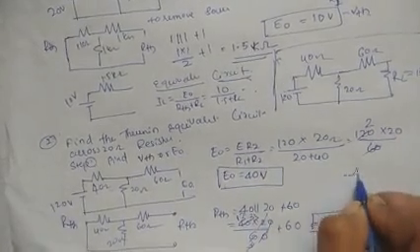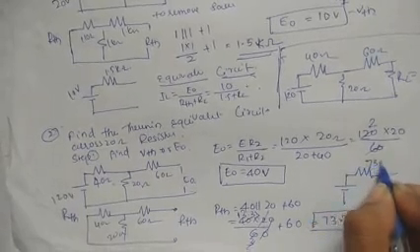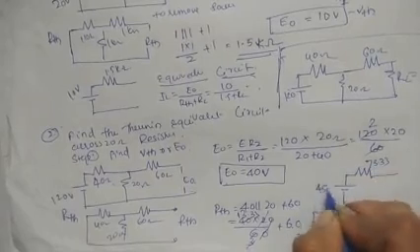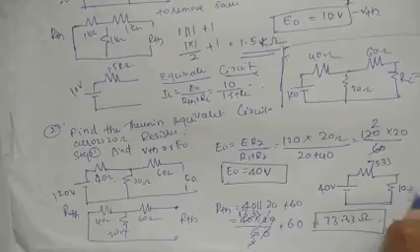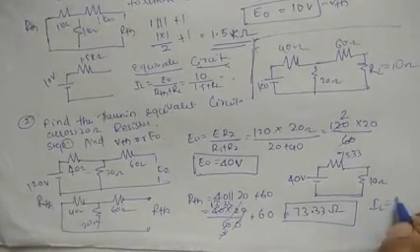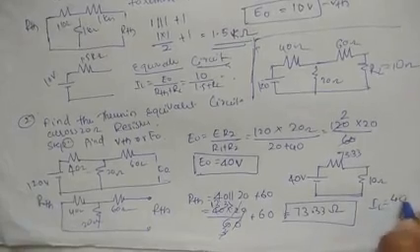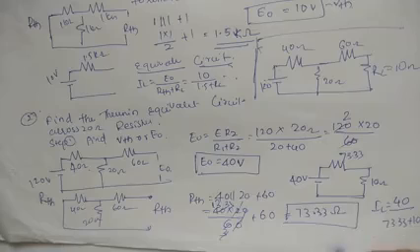Equivalent circuit: 73.33 ohm, 40 volt. Load resistance RL is 10 ohm. IL equals 40 divided by 73.33 plus 10.